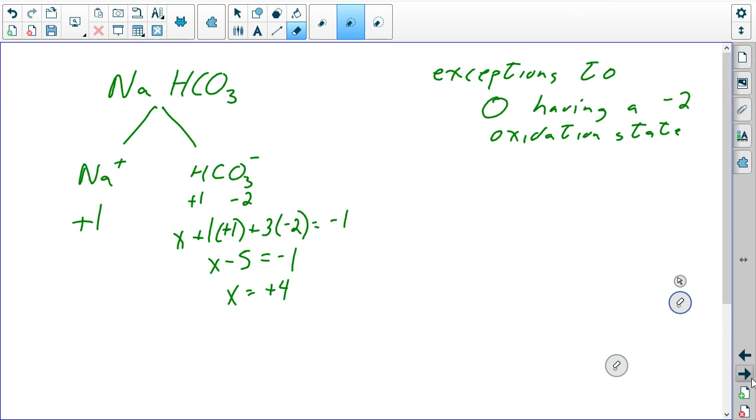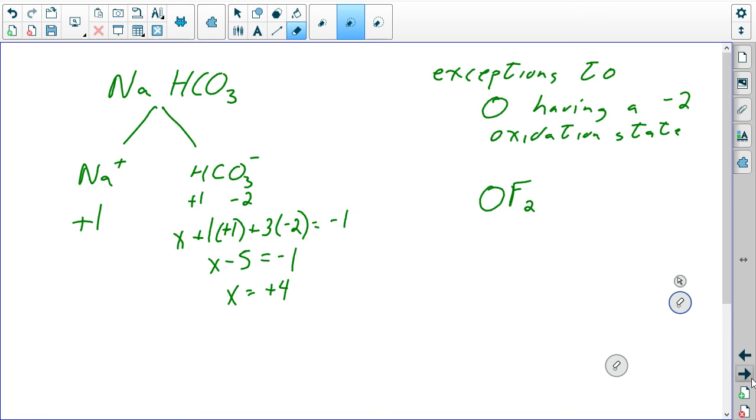The first one is something where oxygen is combined with fluorine. By experimental study, we know fluorine is more attractive for electrons than oxygen is.